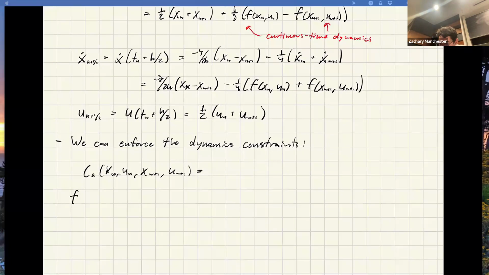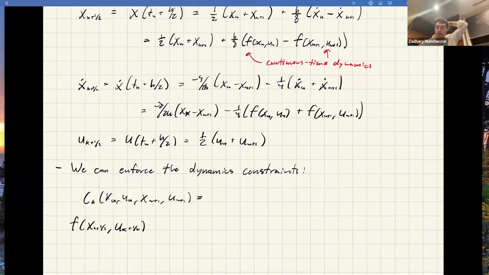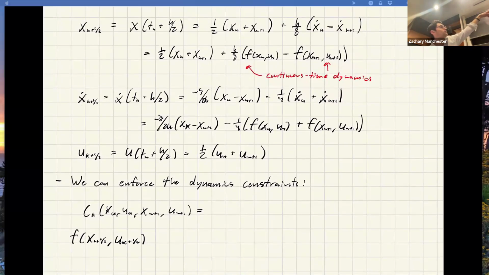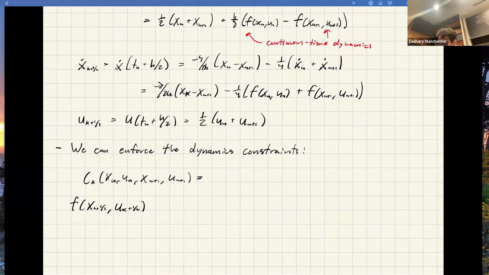So I've got f at the midpoint, x_{k+1/2}, u_{k+1/2}. Those are all things I know how to evaluate up here. And then I plug in this second line that we just did. I get the following thing.